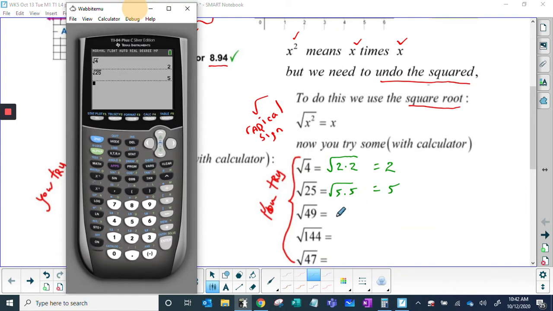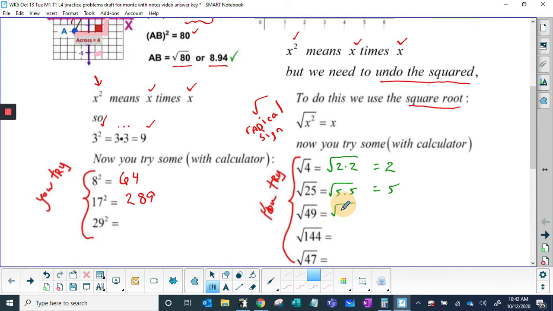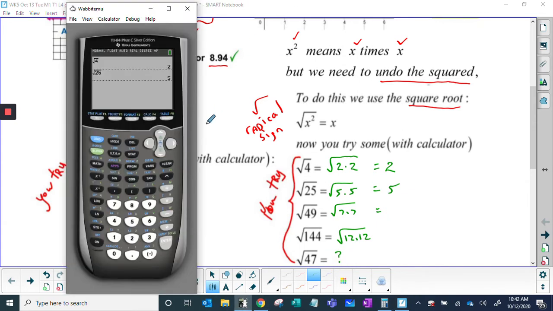Some of you might know these answers off the top of your head. Not why we're here today. The key is to use a calculator to find distance. Okay, so second square root 49 is 7.